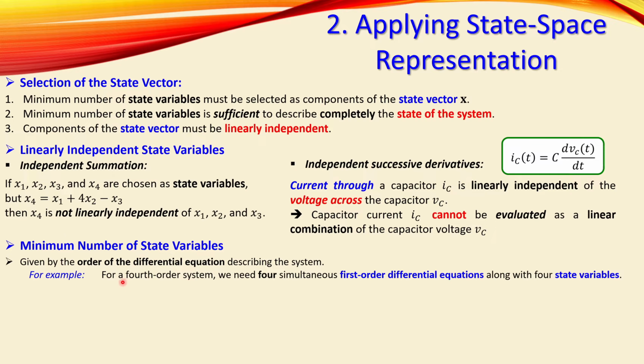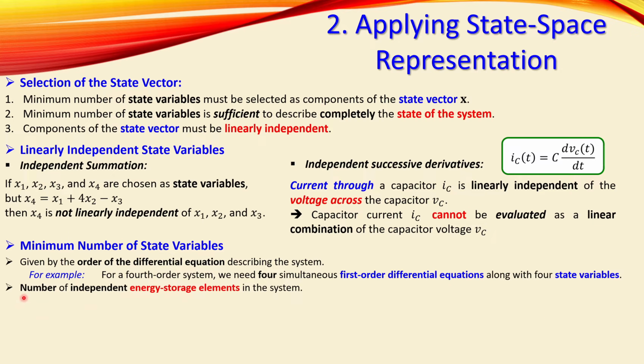Where you have a fourth order system, you can decompose that into four simultaneous first order differential equations, along of course with your state variables. So if you have a 10th order system, you will have 10 simultaneous first order differential equations.